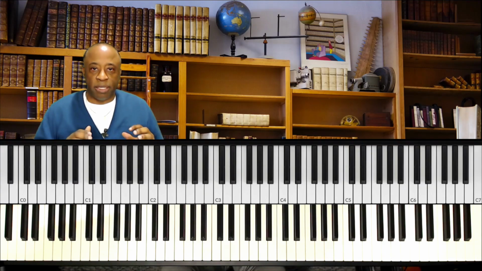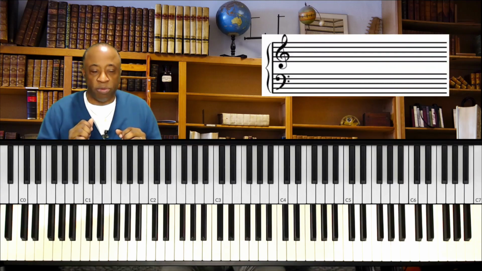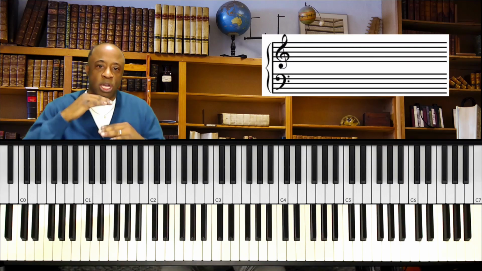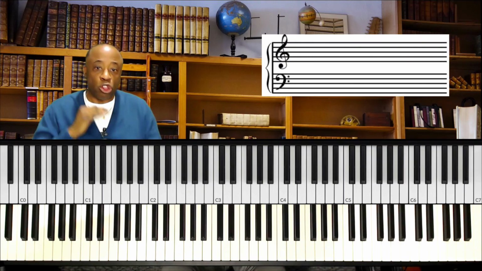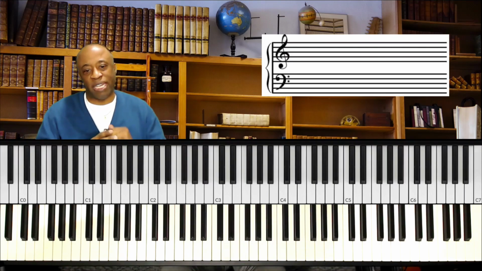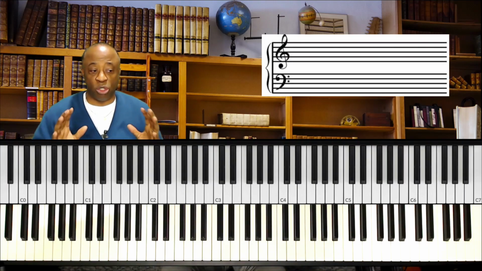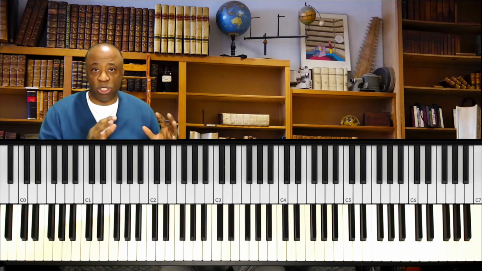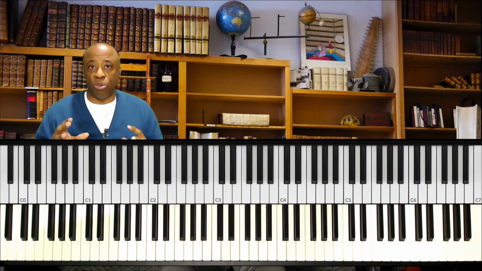When we're playing piano, we're dealing with both staffs, one on top of the other. The one on top is the treble clef, and the one on the bottom is the bass clef.